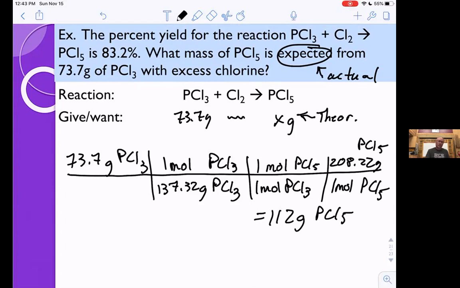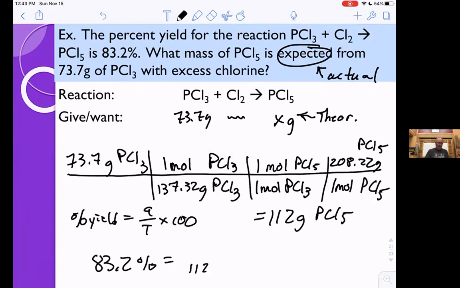Now we're looking for our actual yield. So writing my formula here, my percent yield formula is my actual over my theoretical times 100. In this case, I know my percent yield is 83.2. My theoretical yield I calculated is 112 grams, and my actual is what I am solving for, times 100.